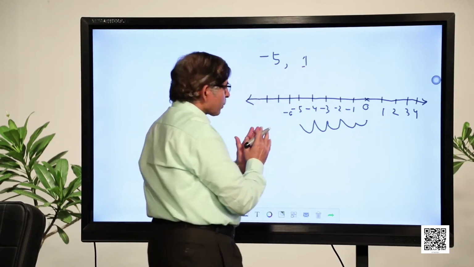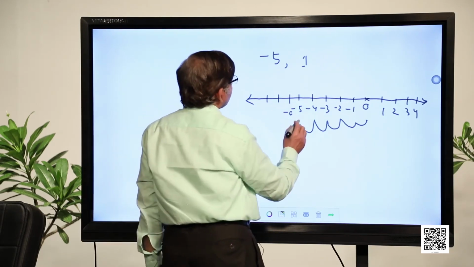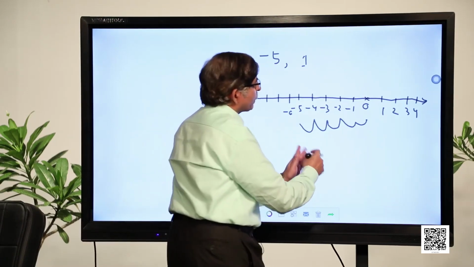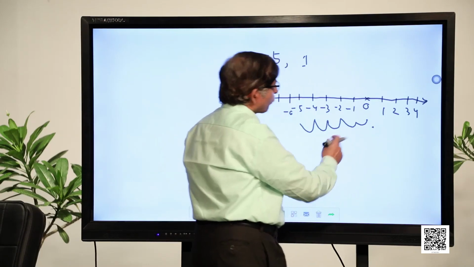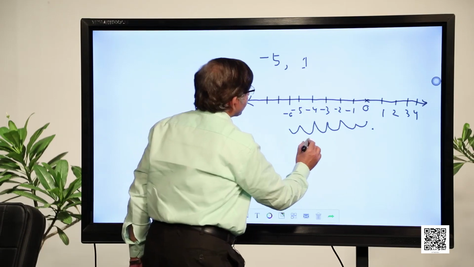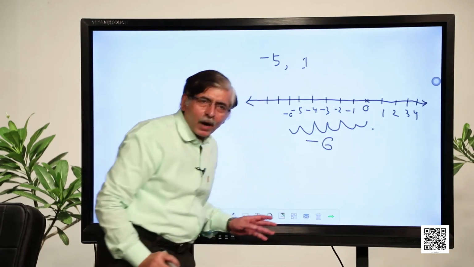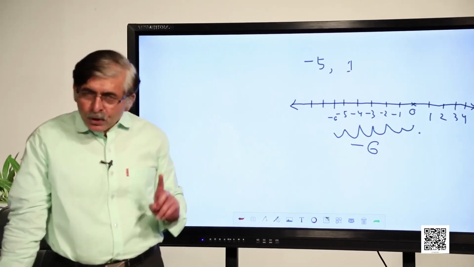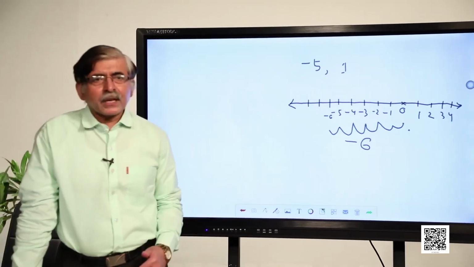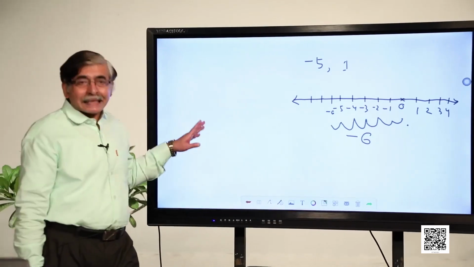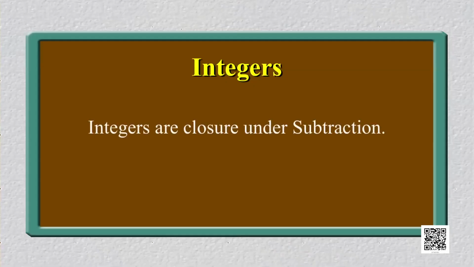Since we have to subtract, the sign will be this. So, this will be minus 5 again minus 1, that means minus 1 is always to the left of 0. So, we will get one step this side. So, we will get a total of minus 6. So, we have found that if we take one negative integer and one positive integer, and take the difference, then also we will get a negative integer, which is also an integer. So, we can say that integers are closed under subtraction.